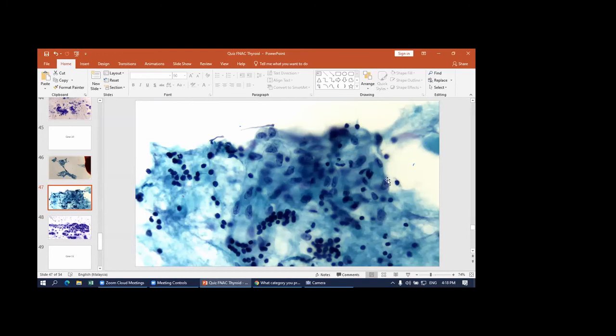But the story does not fit subacute thyroiditis because this is a nodule that has been FNA'd before. So basically, I put it as category 2 still, because even though there's not much colloid, there's nothing to show that it is a malignancy or a neoplasm.